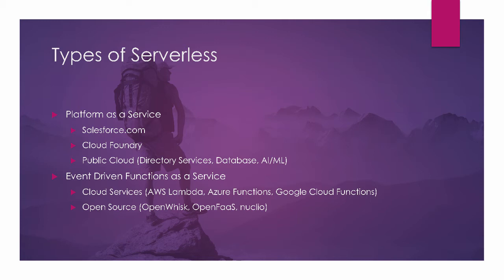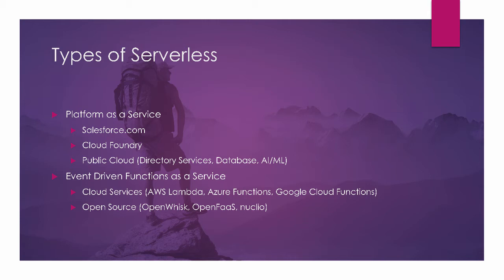Again, if you're the developer, you're just looking at code in any one of these platforms, whether it's Salesforce.com, Cloud Foundry, public cloud. If you're using public cloud services like directory services, database, a MySQL instance in AWS that has no access to the server OS, or some AI, a machine learning platform, you're just writing code to that platform.